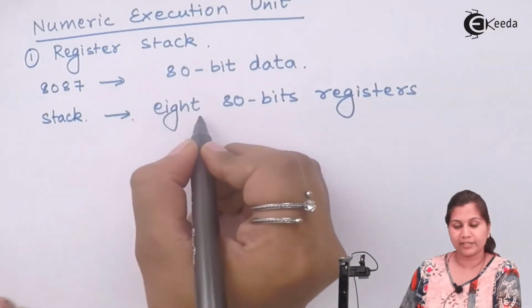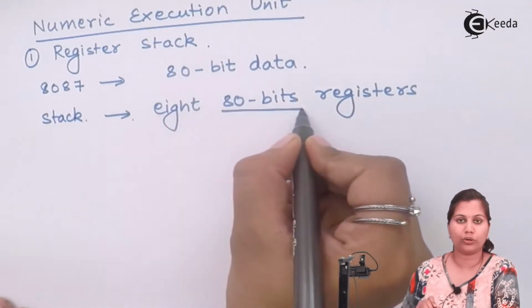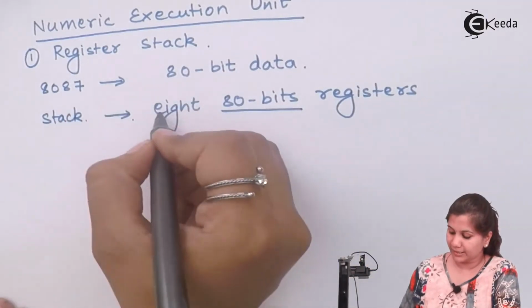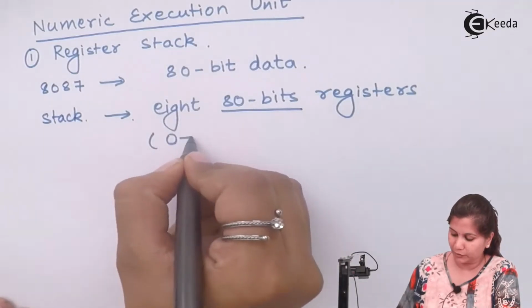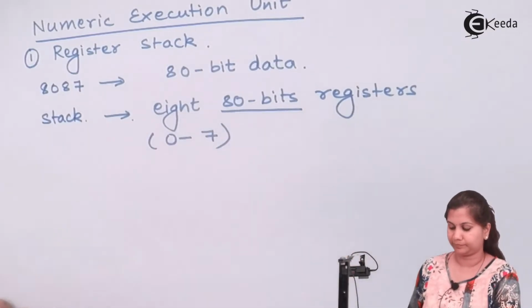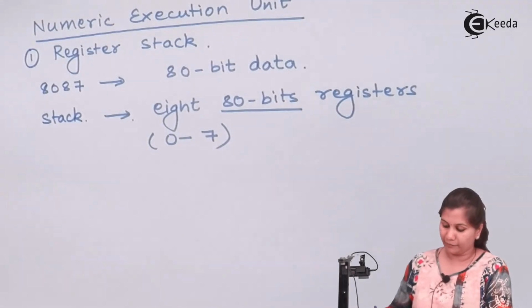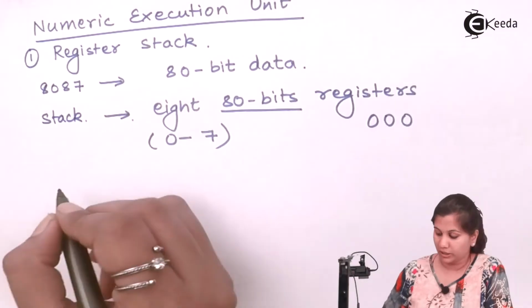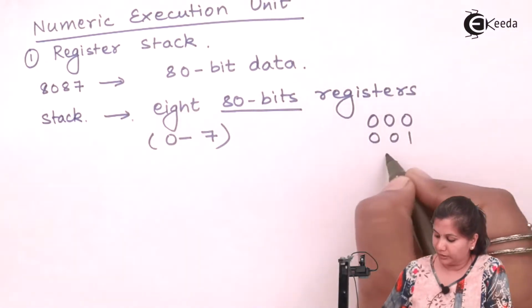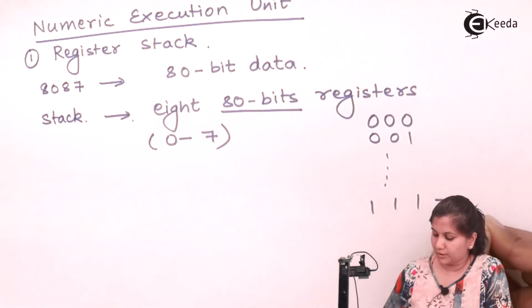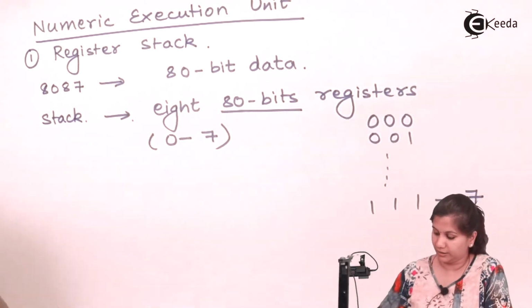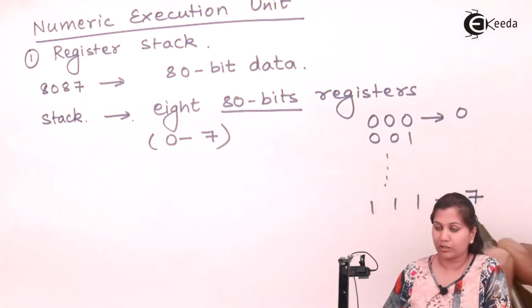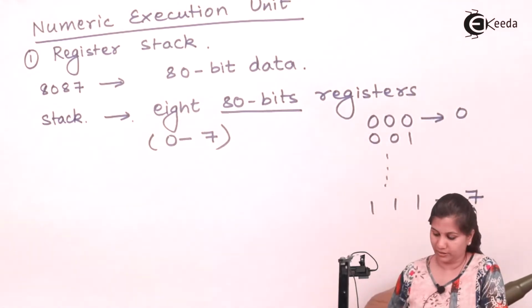Means there are 8 registers and each register can store 80 bits, and these 8 registers are labeled from 0 to 7. Okay, like for the 0 register we have the address 000, then 001, till we have 111 for the 7th register. This is for 0, this is for 7, that is the last register.